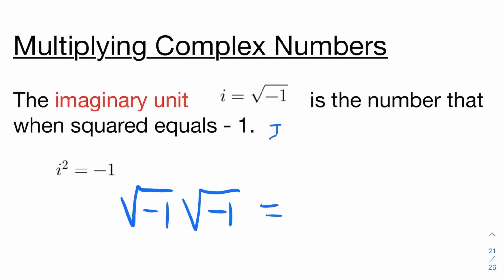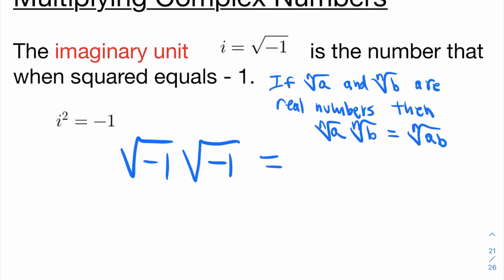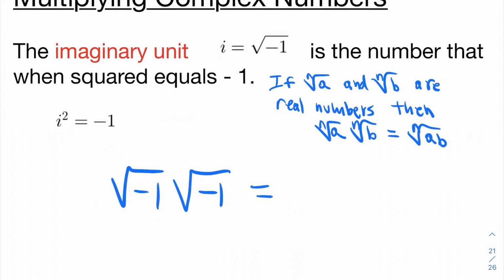The rule says if the nth root of A and the nth root of B are real numbers, then the nth root of A times the nth root of B is equal to the nth root of A times B. That's what the product rule says for multiplying real numbers together as radicals.